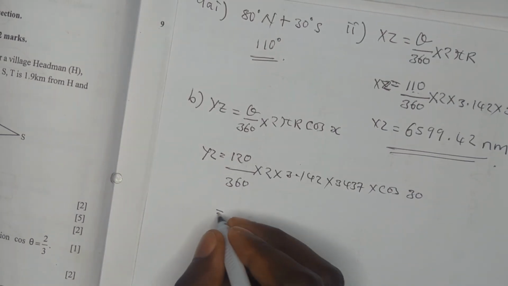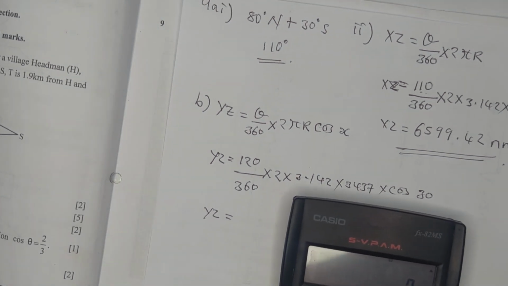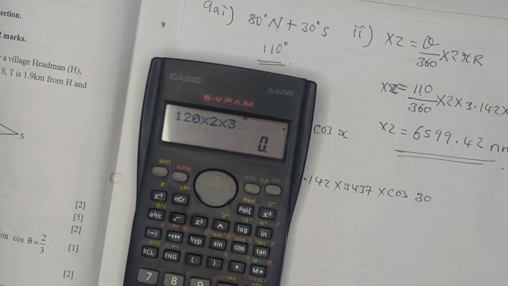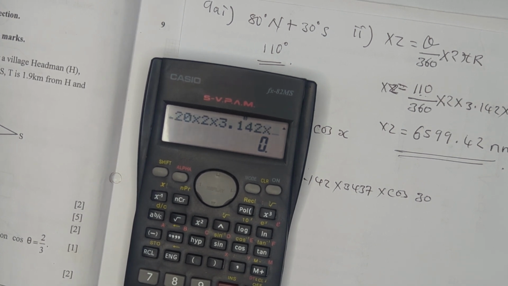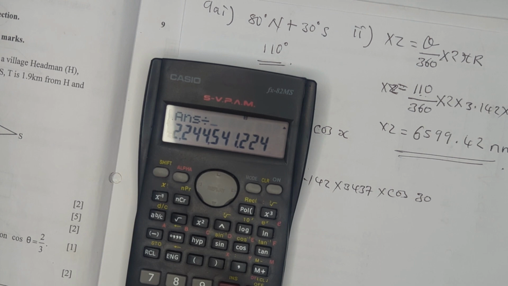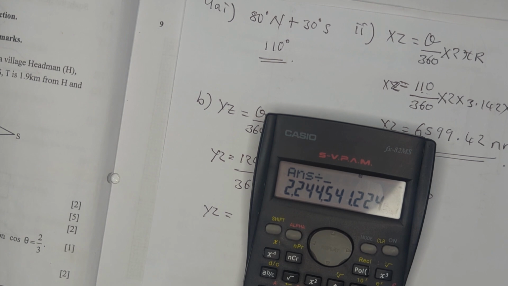If we compute this, we have 120 multiplied by 2 multiplied by pi, 3.142, multiplied by the radius 3437, multiplied by cos 30, divided by 360.